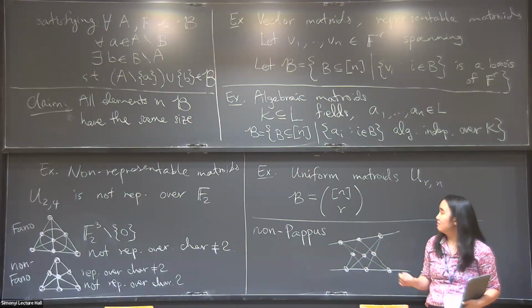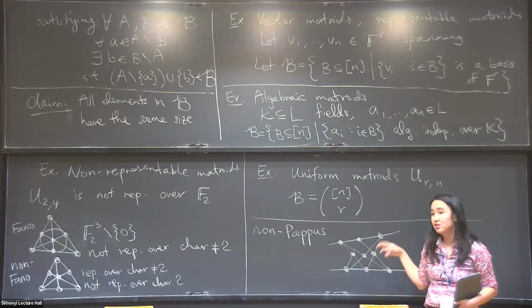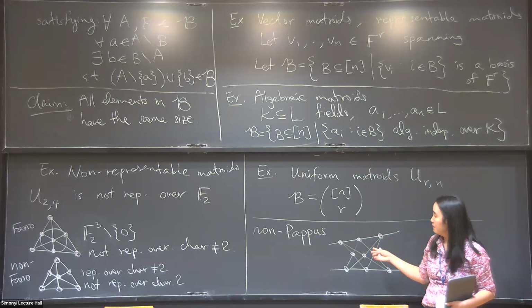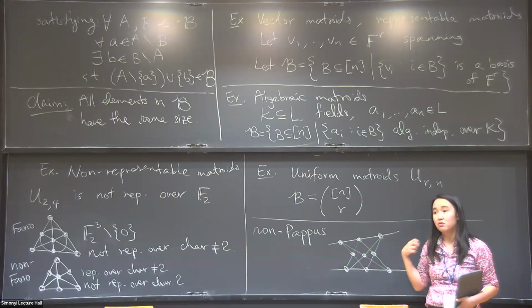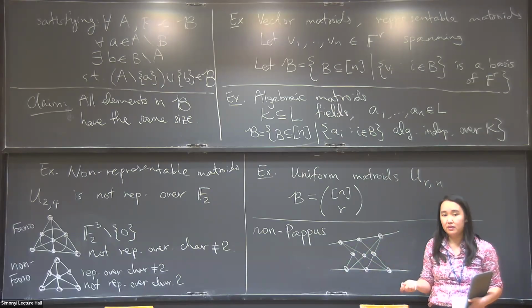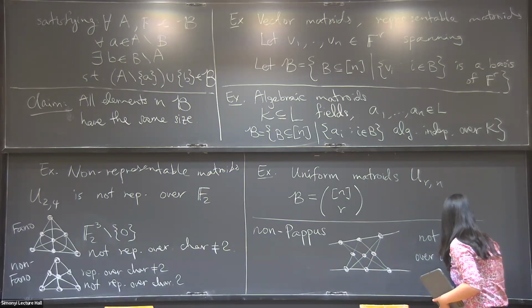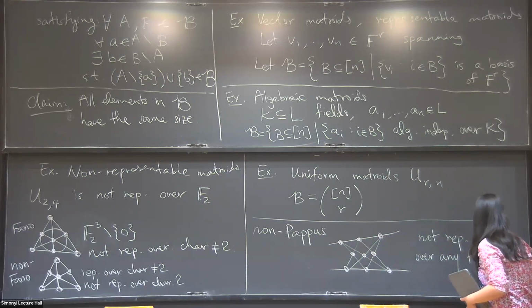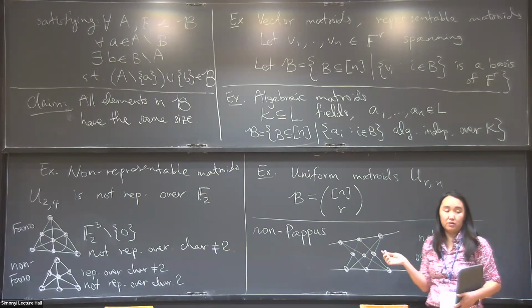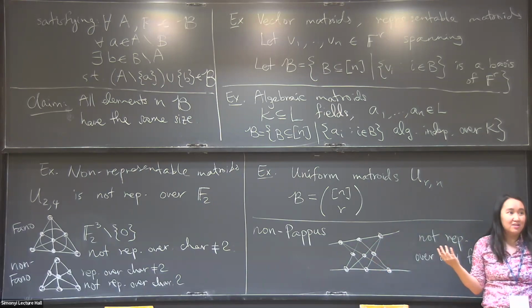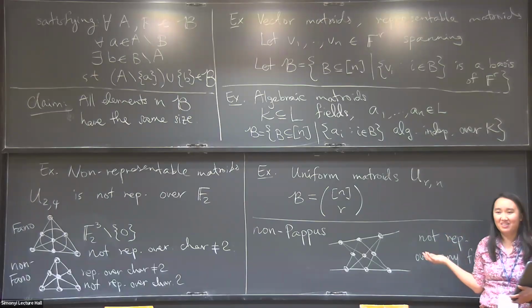It turns out that these collections still satisfy the base exchange axiom, but it cannot be realized as actual vectors because it would break the Pappus theorem. So this is not representable over any field as vectors, although it turns out that it is representable as an algebraic matroid. But there exist matroids that are not algebraic either.